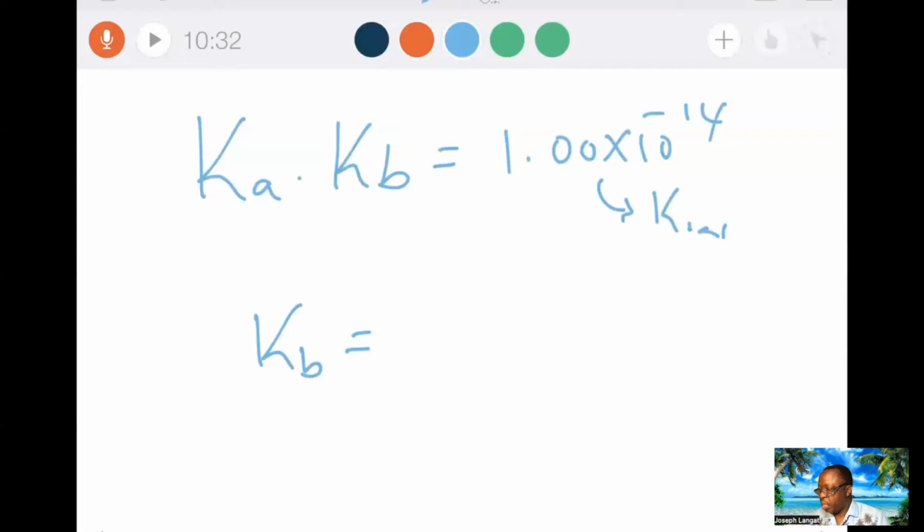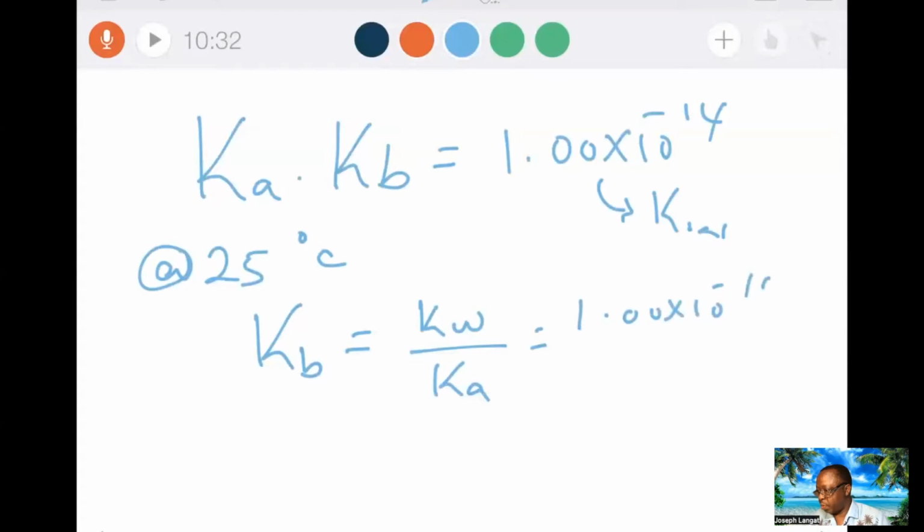Which means Kw over Ka gives you Kb at 25 degrees Celsius. 1.00 times 10 raised to negative 14 over Ka gives Kb.